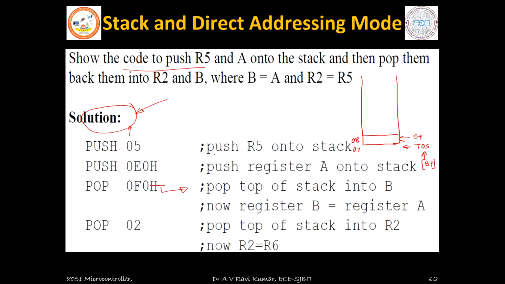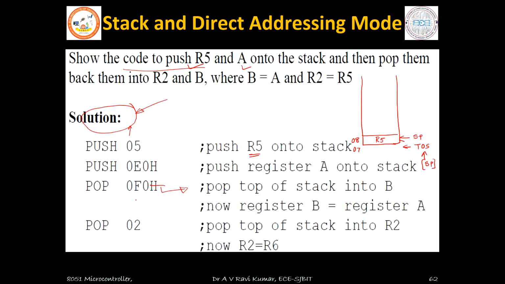Here you are pushing 05, in the sense of the RAM address held by R5. The content of R5 is pushed onto the stack. So this is what I have written here, PUSH R5, and that is over. Similarly, push the A content also.